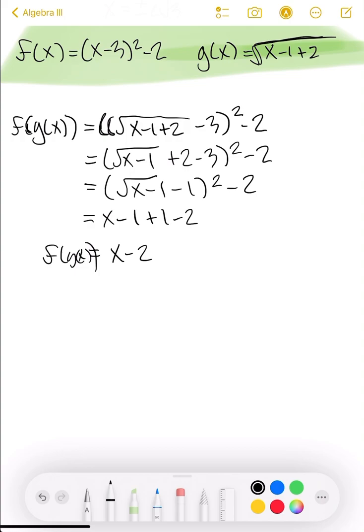And that would be the final answer for this one, x minus 2.